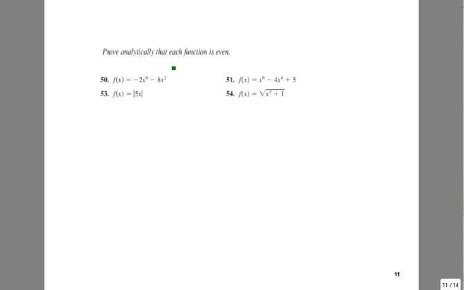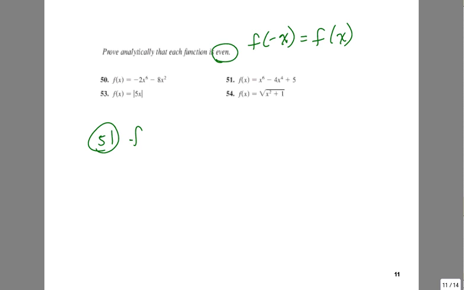Prove analytically that each function is even. So to prove it's even, I have to determine if when I plug in negative x, do I get the original function back? So let's look at number 51, for instance. So what I'm going to do is plug in negative x everywhere I see an x and see how my function is changed, if at all.